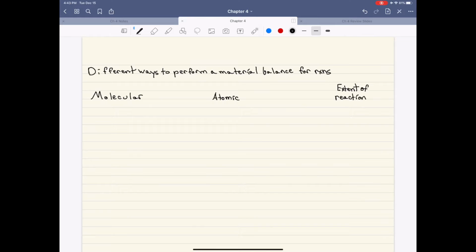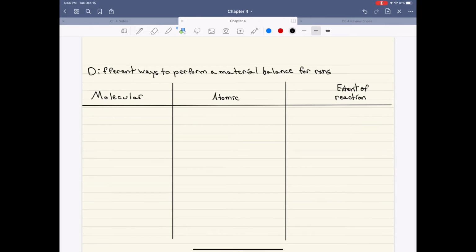Okay? And I'll draw the little borders here in order to separate out the three sections. All right, and so we're going to go through each of these columns and discuss the different types of material balances that they cover.